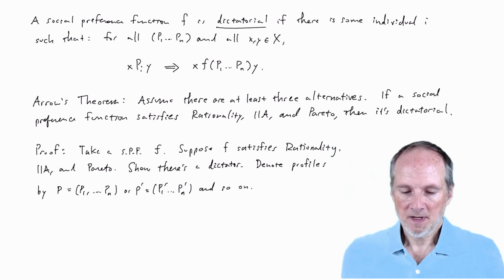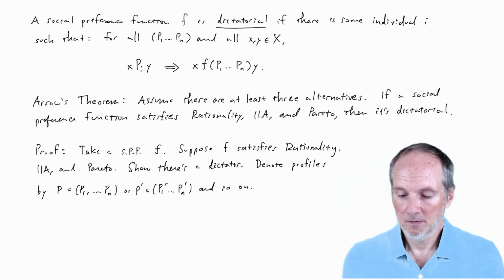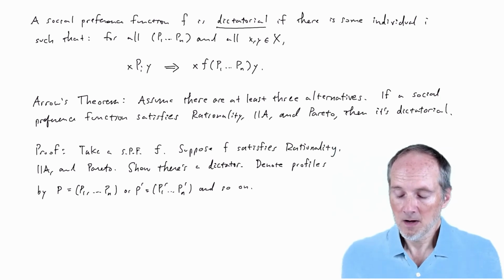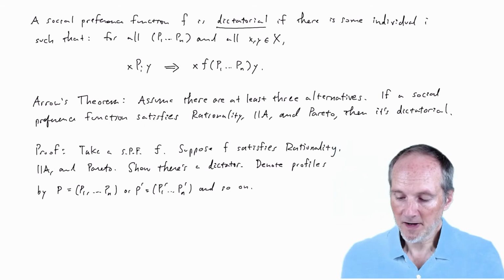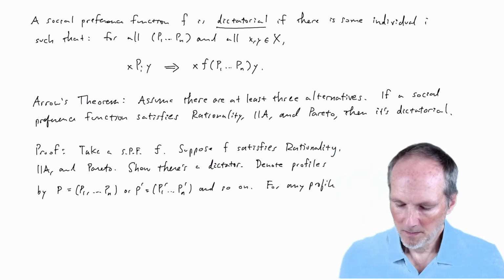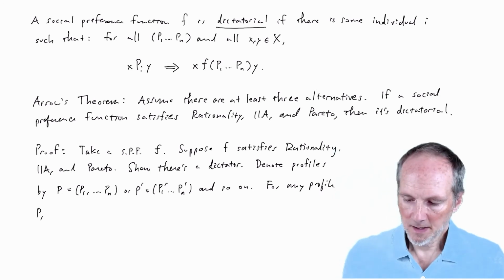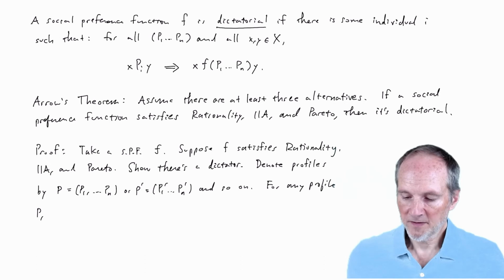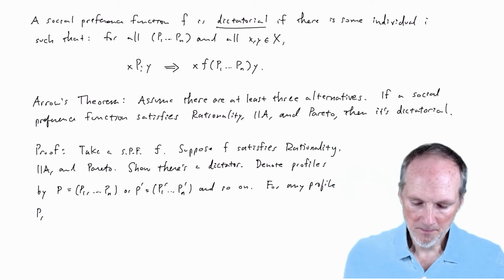Now, when we talked about individual preferences, we started with a strict preference relation, and just like we did then, we now have for any profile P, the social preference function gives us a strict social preference.